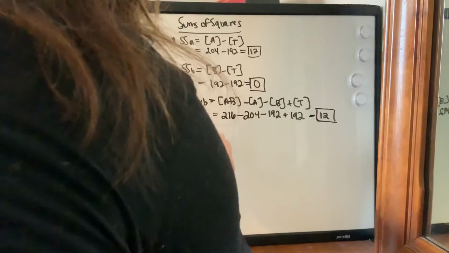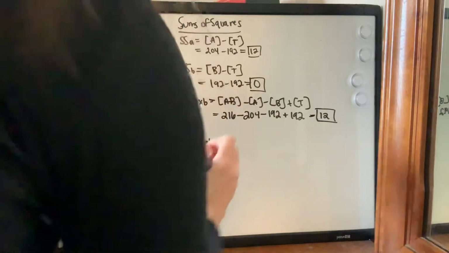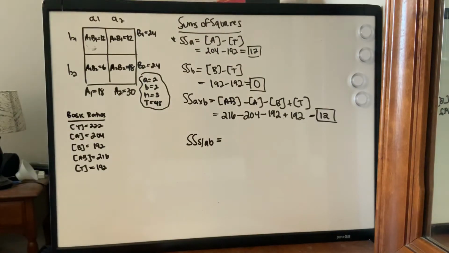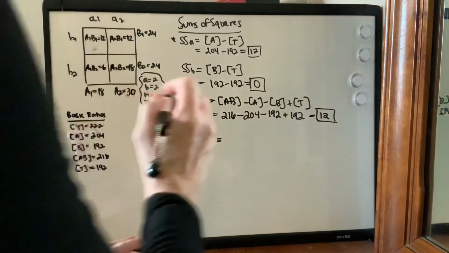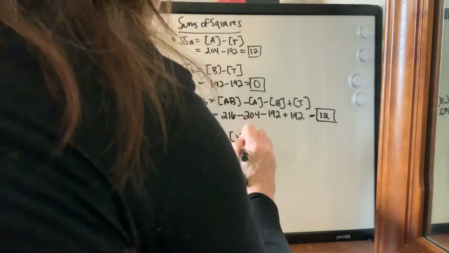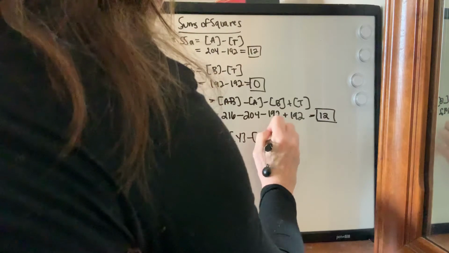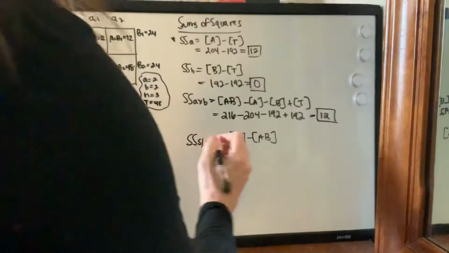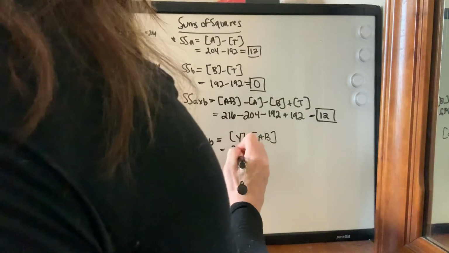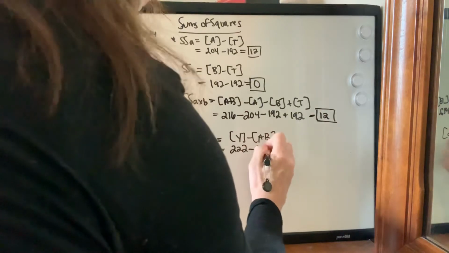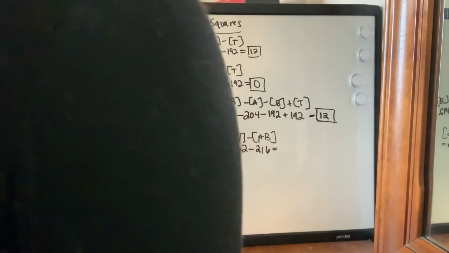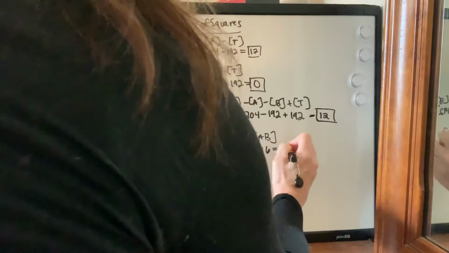Our next sum of squares is our sum of squares S over AB. All right, so the formula for that is Y minus AB. So our Y is 222, our AB is 216, so this equals 6.